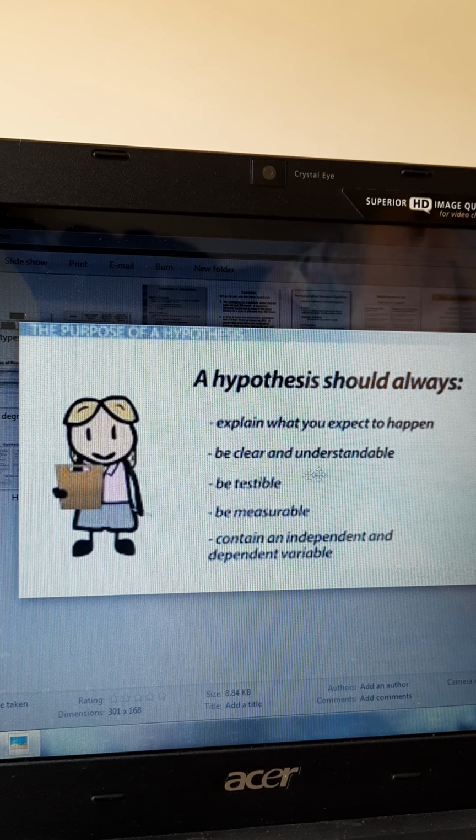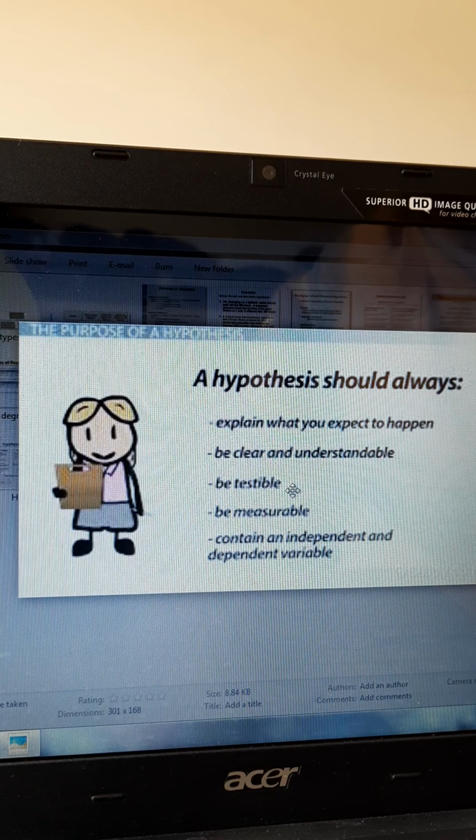It's a supposition, so it should be stated very clearly, and there are templates, so you just follow those templates. At 95% confidence level, all those things, there is a template, you just have to follow it so that it becomes very clear and understandable. And it should be testable.